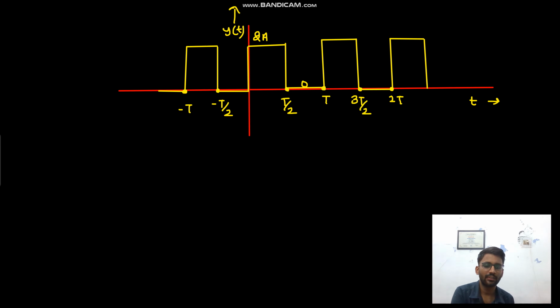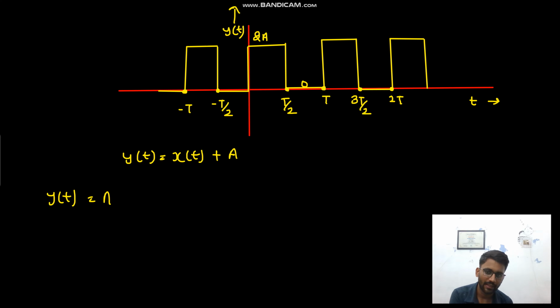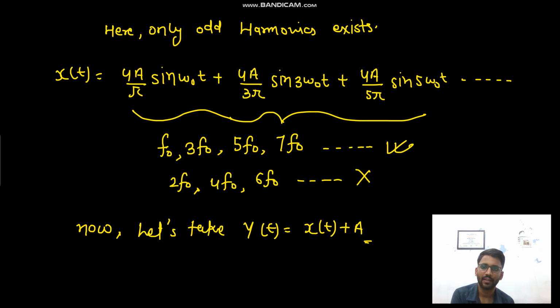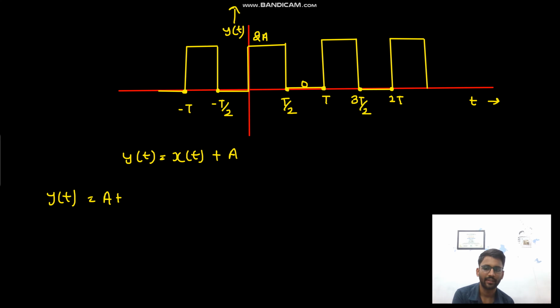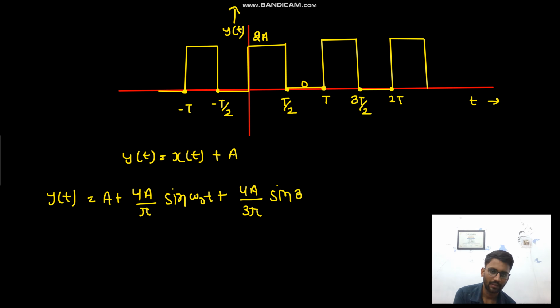So what was your x(t)? Your y(t) is x(t) plus A, right? So your y(t) can be written like this: A plus, what was x(t)? x(t) was this, let us call it equation 1. So you can simply write it here: A plus 4A by pi sin(omega naught t), plus 4A by 3 pi sin(3 omega naught t), and so on.